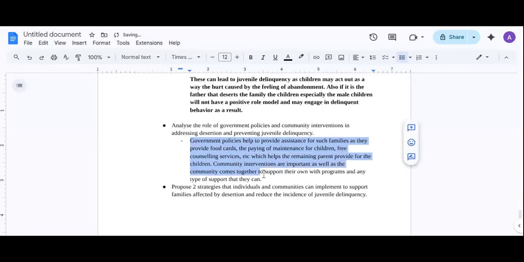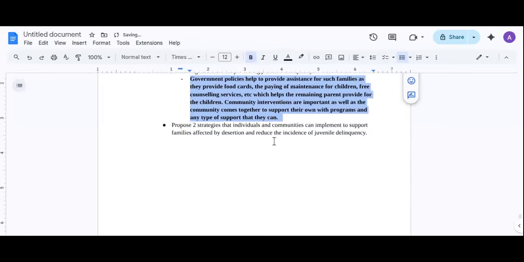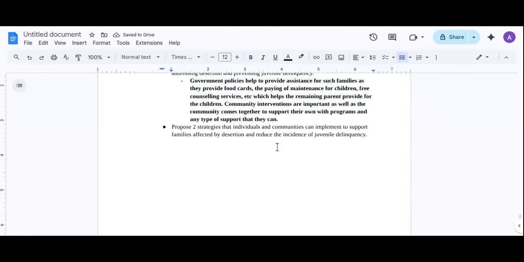Government policies help to provide assistance for such families as they provide food cards, the paying of maintenance for children, free counseling services, etc., which helps the remaining parent provide for the children. So here we have the policies that in the event, if it's a two-parent household and one leaves, and the father was the main breadwinner, you provide for the needs of them.